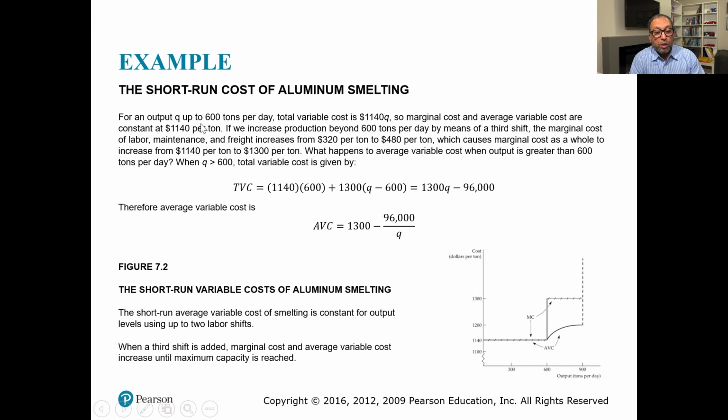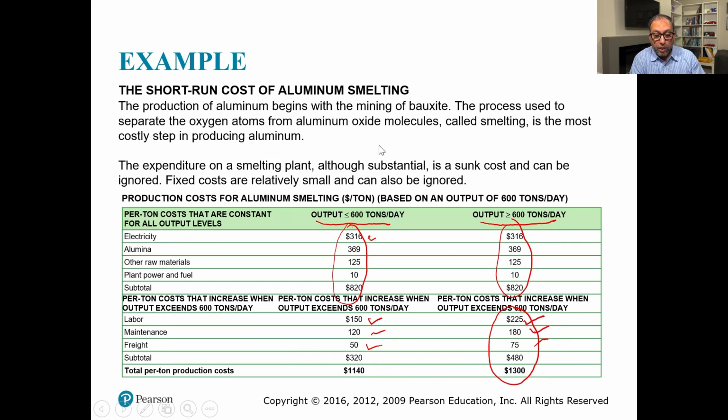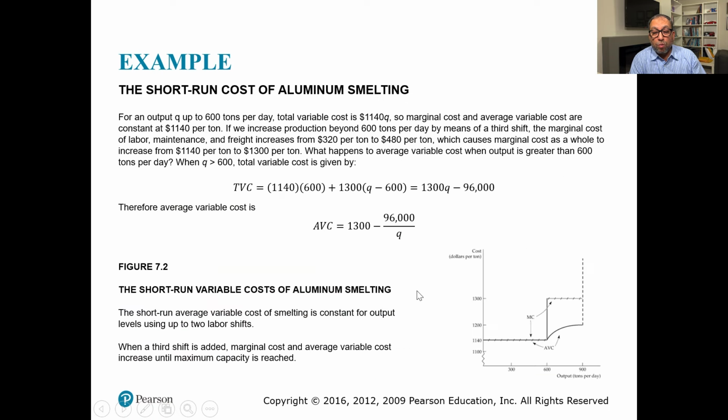For an output Q up to 600 tons, the total variable cost is 1140, what we calculated here. So marginal cost and average cost are constant at 1140 per ton. This is per ton, that's why we call it a marginal cost and the average.